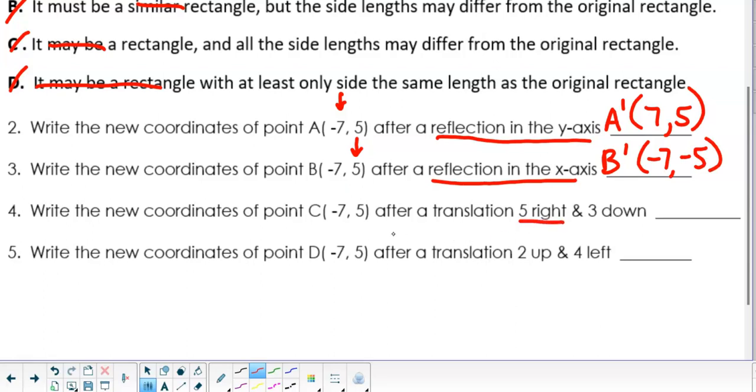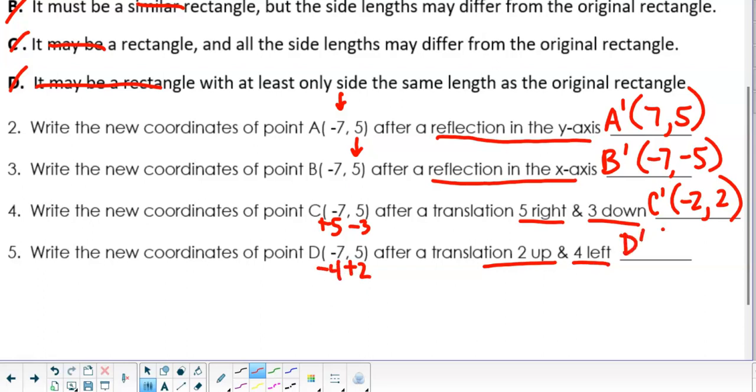A translation 5 to the right adds 5 to the x-coordinate, and 3 down subtracts 3 from the y-coordinate. So C prime will be negative 2, positive 2. A translation 2 up is adding 2 to the y, and 4 left is subtracting 4 from the x. So D prime will be negative 11, positive 7.